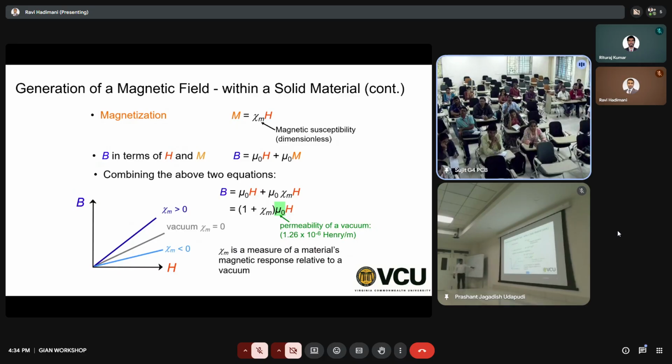When you apply a magnetic field on diamagnetic materials, they show negative magnetization.